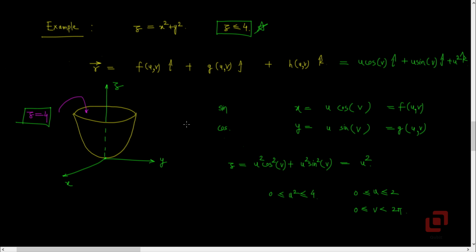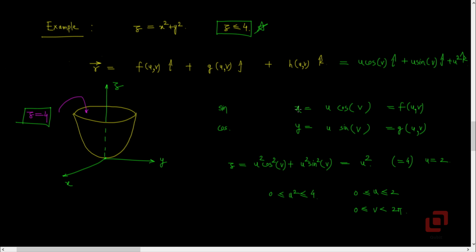This will be clear if we go back to the paraboloid. Imagine a cross section of the paraboloid perpendicular to the z-axis. Let us consider z equal to 4 itself. Now if z is equal to 4, then u squared equals 4, which means u is equal to 2. Now go back to the relations between x, y and u v.